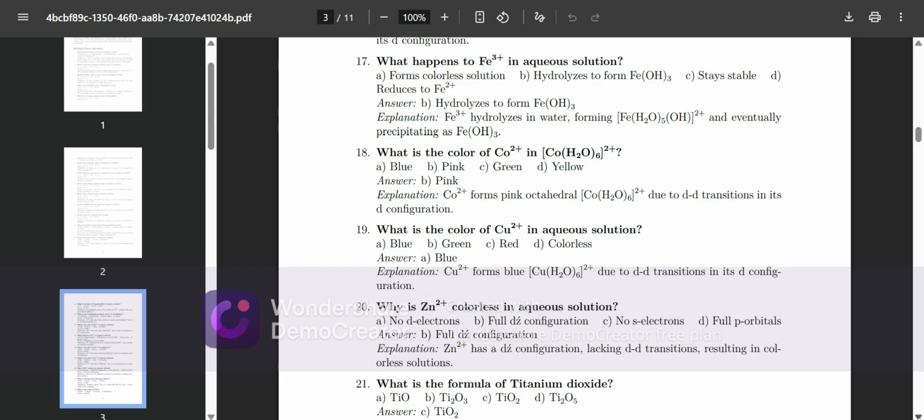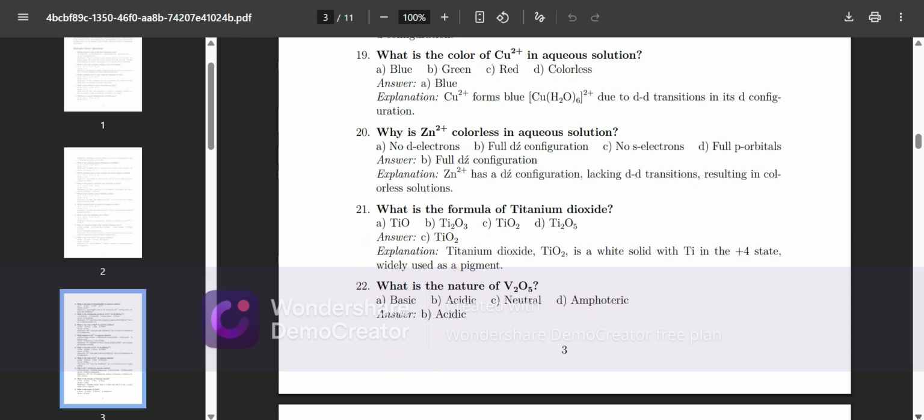In Co(H2O)6 2+, pink. Co2+ forms pink octahedral Co(H2O)6 2+ due to d-d transition in its d7 configuration. What is the color of Cu2+ in aqueous solution? Blue. Cu2+ forms blue Cu(H2O)6 2+ due to d-d transitions in its d9 configuration.